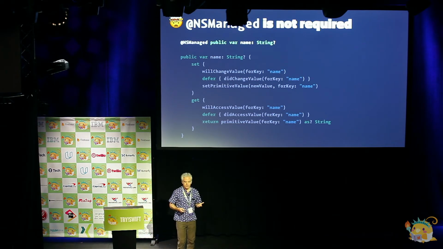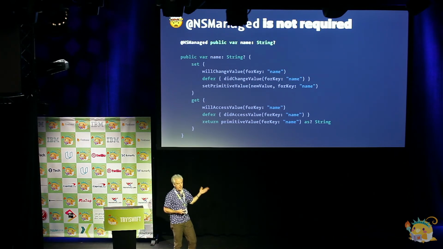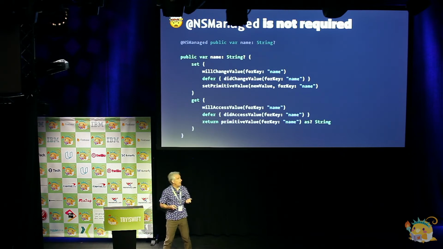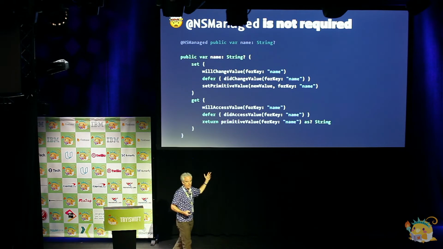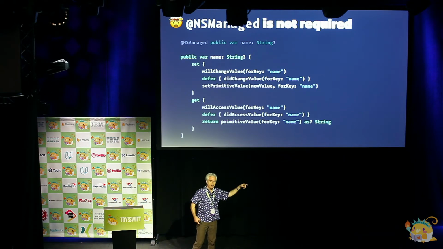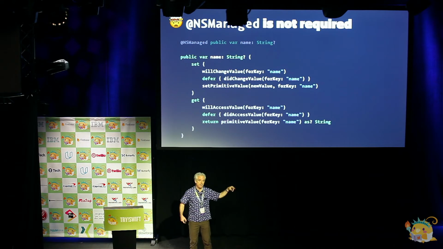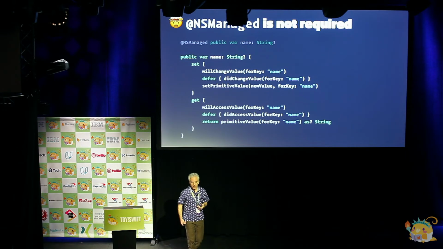So if I've got this property @NSManaged string, I could take that out and instead replace it with my own custom getter and setter, not @NSManaged. If you haven't used this kind of thing before, this is a standard Core Data dance with your custom accessors, where you have to say things like, yes, I will change this value for the key, and yes, I did change this value for the key, so that Core Data can keep track of who's manipulating its data at what time in order to make sure that all the change propagations happen properly.